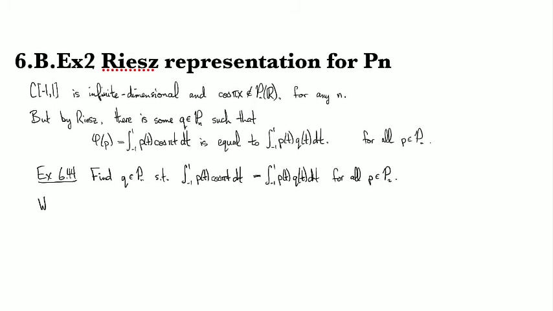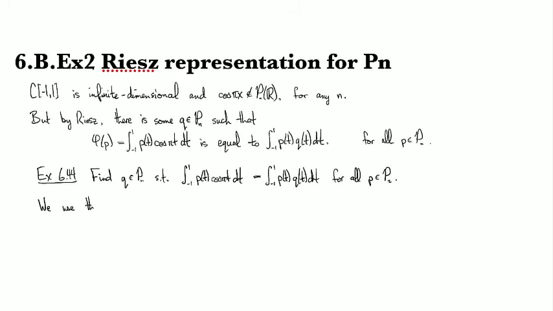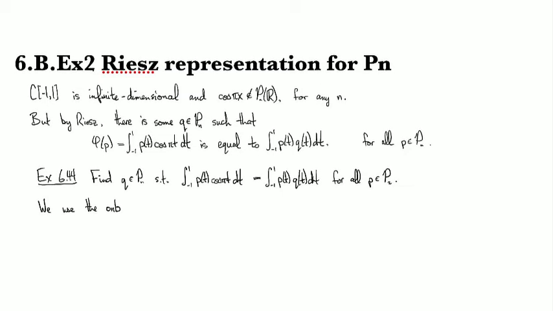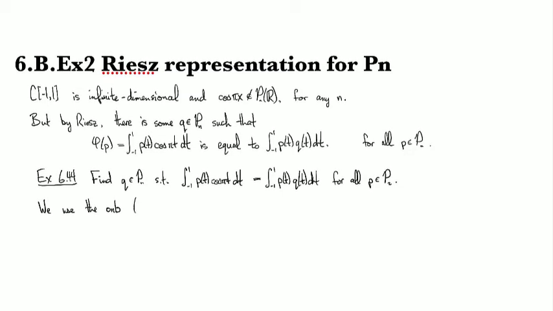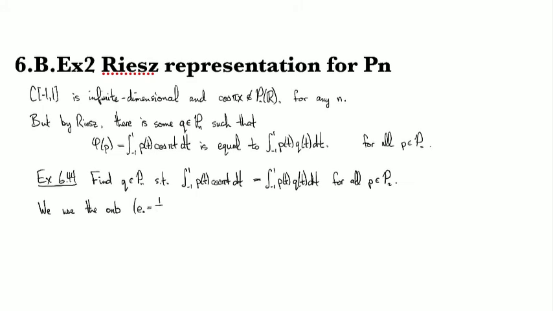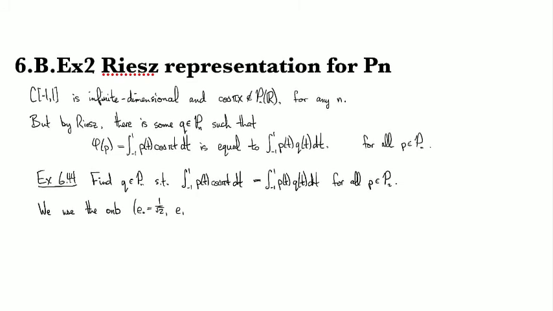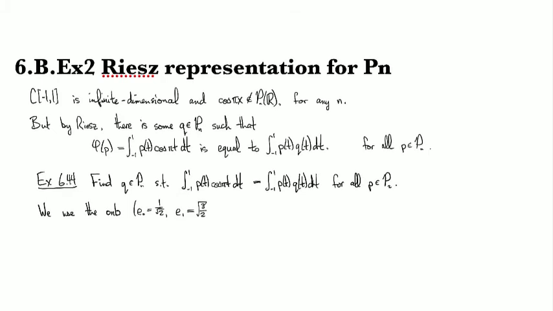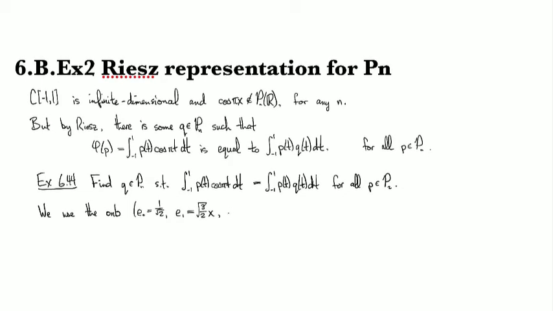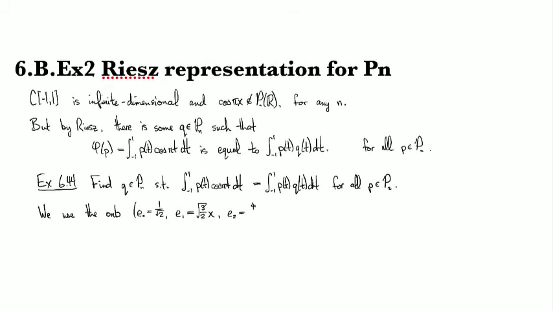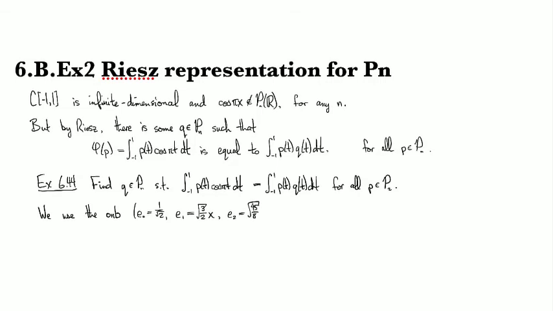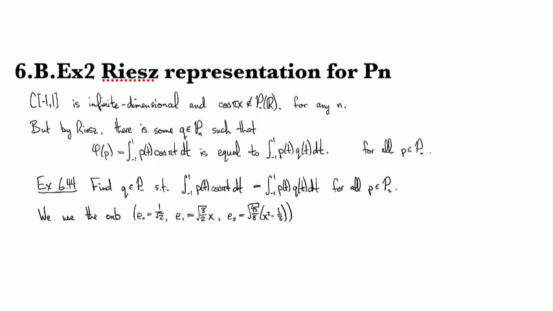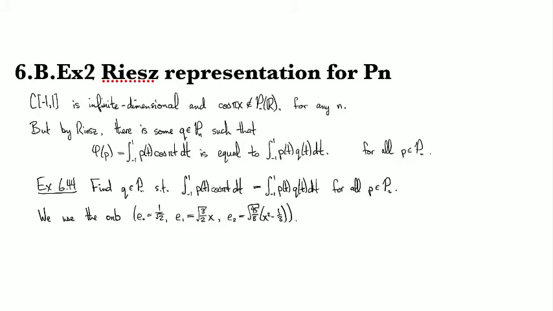And so we're going to use the orthonormal basis that we calculated in the previous worked example. So this is the one where E0 is going to be 1 over root 2, and then E1 is going to be square root of 3/2 times x. And then E2 is going to be square root of 45 over 8 times x squared minus 1/3. So that'll be our orthonormal basis.